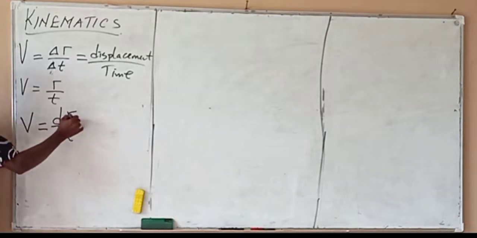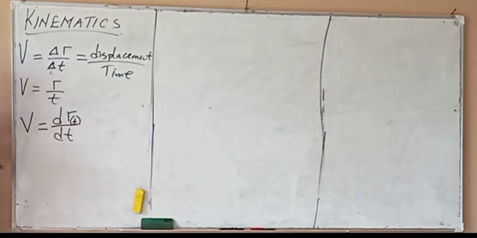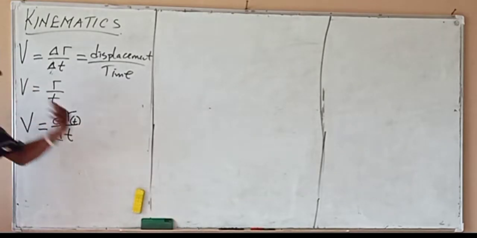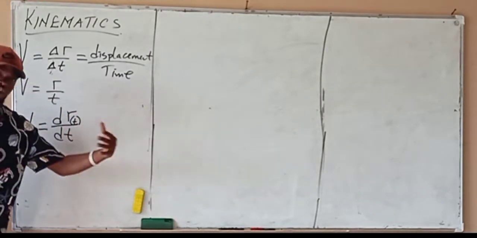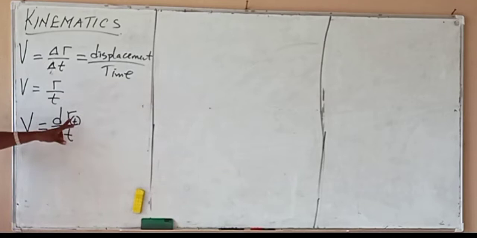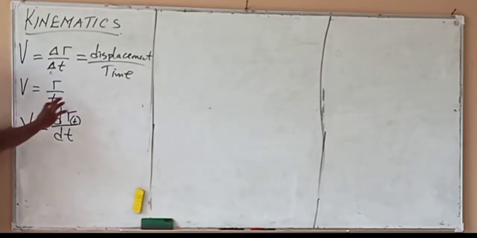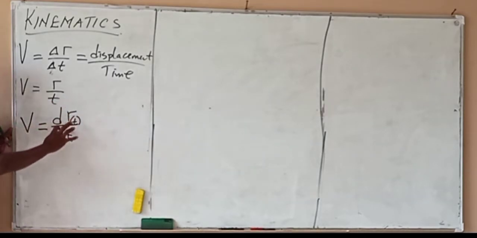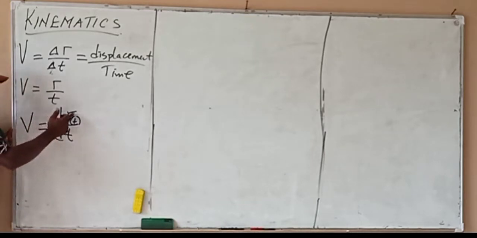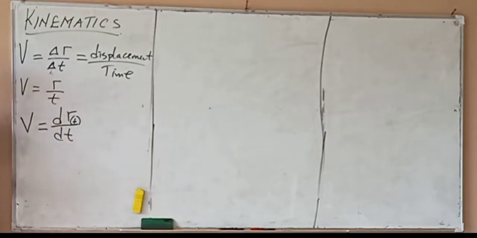The differential should be a function of time. So ds/dt is called differentiation of s with respect to time. That's the meaning. Differential of s with respect to time. It's called differential calculus.